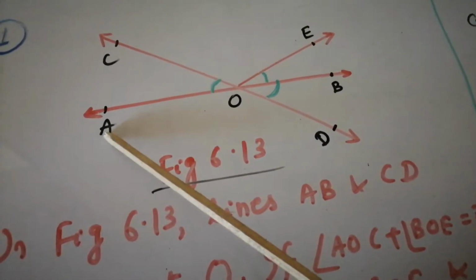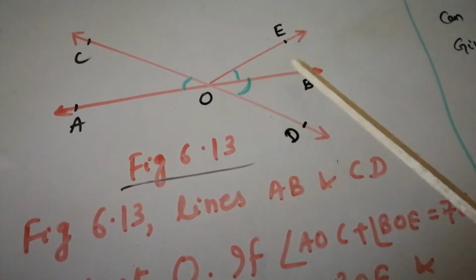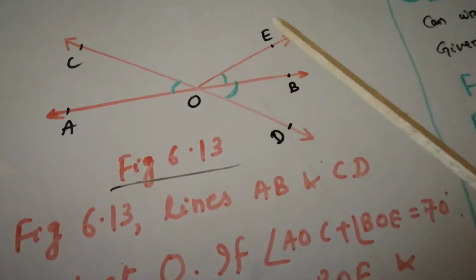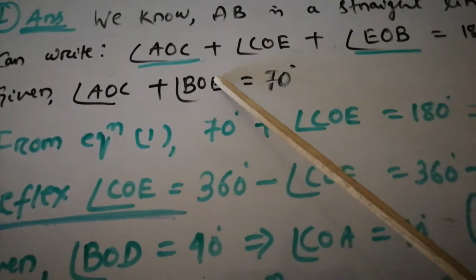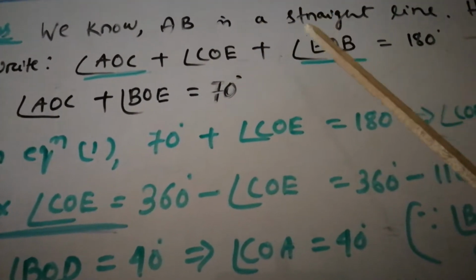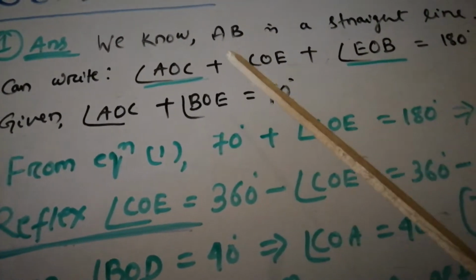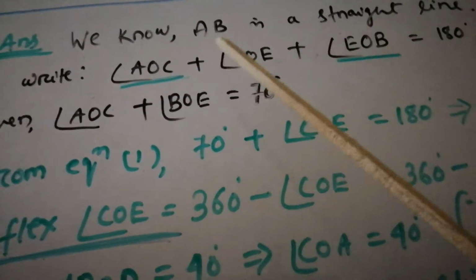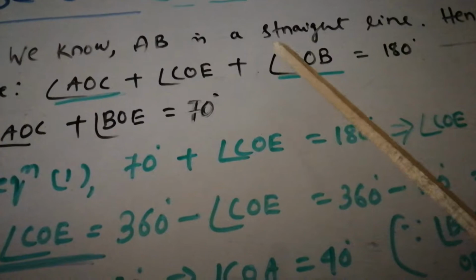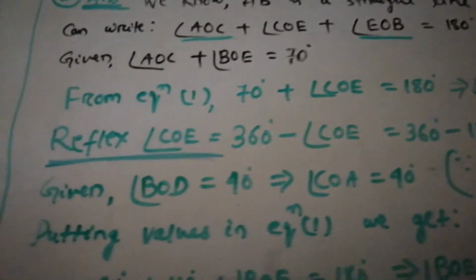That means angle AOC plus angle COE plus angle EOB equal to 180 degree. These angles you can also read as AOC or COA, same thing, COE or EOC, EOB or BOE, same thing. So this is our equation 1.